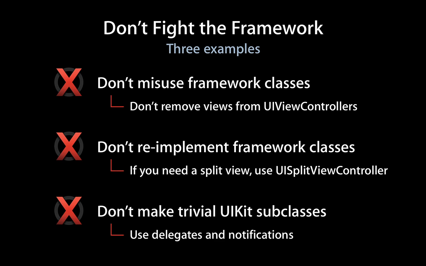Yes, there are times when you need to subclass a UIKit class to override a method, but be careful that you don't cut off the core functionality by perhaps not calling super, and taking the work onto yourself to really make the class work as it was intended. And don't just subclass to make a trivial subclass when you can avoid it. Again, the idea is to make the framework work for you.